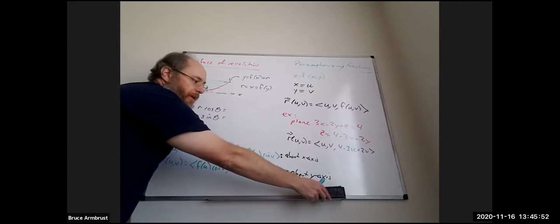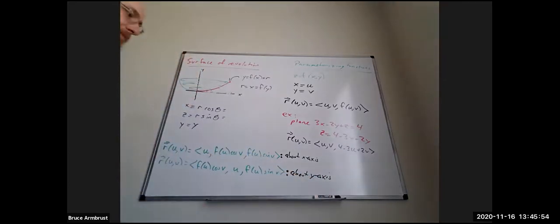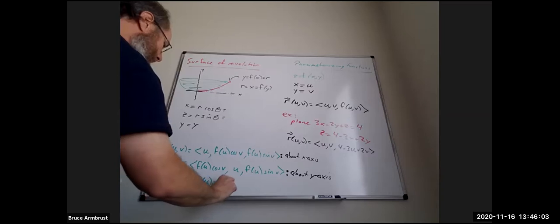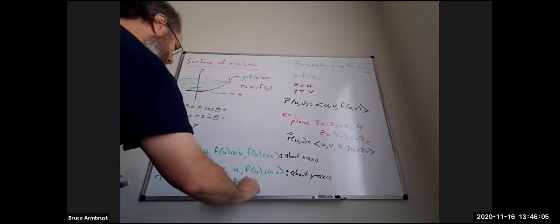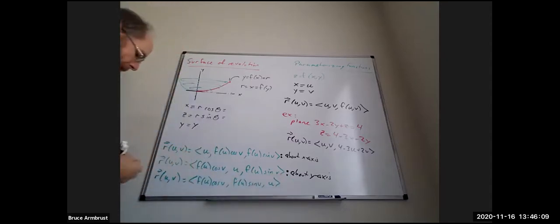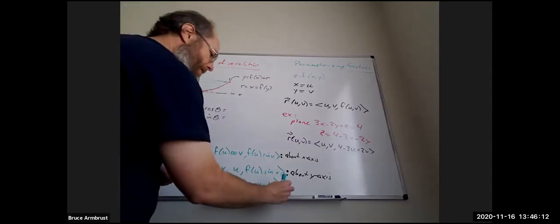Right. So I'm going to go ahead and put that just to be complete here. But now we'd have f of u cosine v, comma, f of u sine v, comma, u. And so this is one about the z-axis.